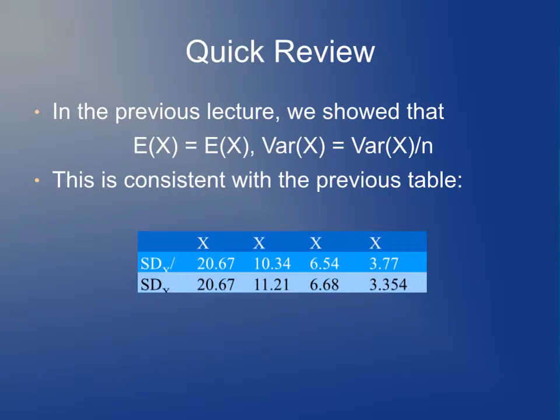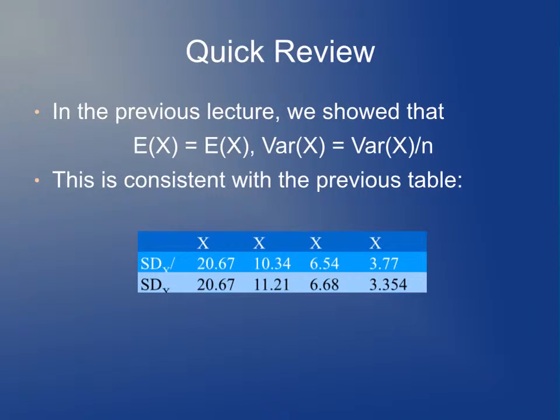And if you'll recall from the previous lecture, I gave you this result that the expected value of x bar is equal to the expected value of x, and the variance of x bar is equal to the variance of x divided by n, which is consistent with what we saw in this table.